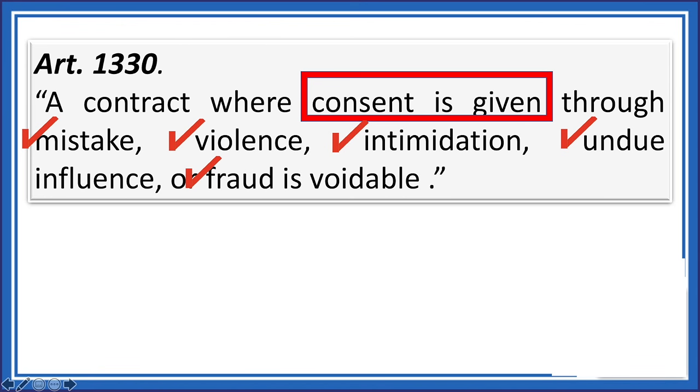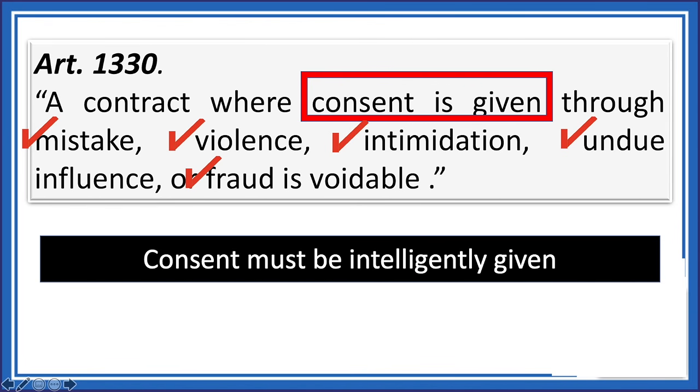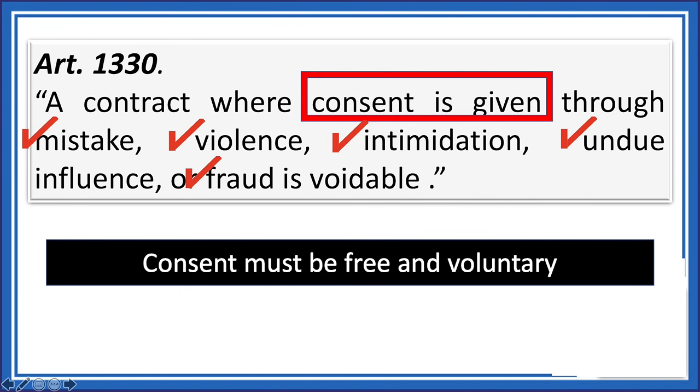Kasi, in order that a consent may be valid for purposes of a contract, kailangan hindi lang siya basta nag-exist, kumbaga. So, ano ba ang dapat para sa consent? Kumbaga, requisites or characteristics of a consent na dapat. First, it is intelligent. Meaning, dapat yung nagbibigay ng consent has the capacity to act, has the capacity to give that consent. Tapos, second, dapat yung consent is free and voluntary.